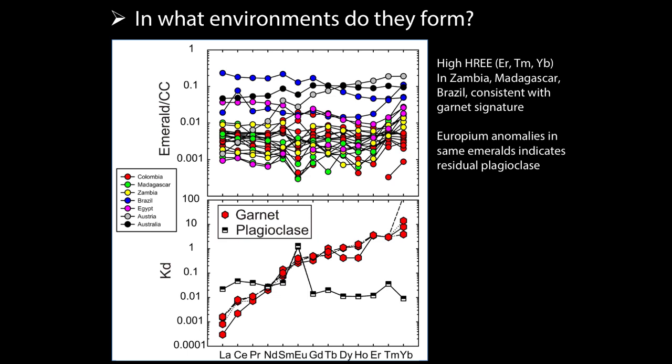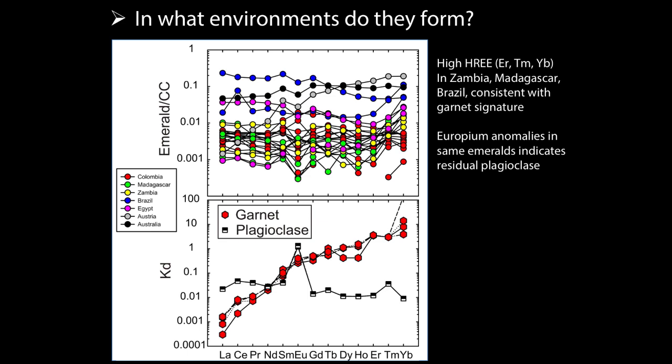Well, if we look at minerals that can fractionate those elements, those are plagioclase and garnet. In this lower plot, we see again the rare earth elements versus KD, the partition coefficient for those minerals. You can tell that plagioclase tends to fractionate europium, whereas garnet tends to have an increasing pattern of fractionating those elements.